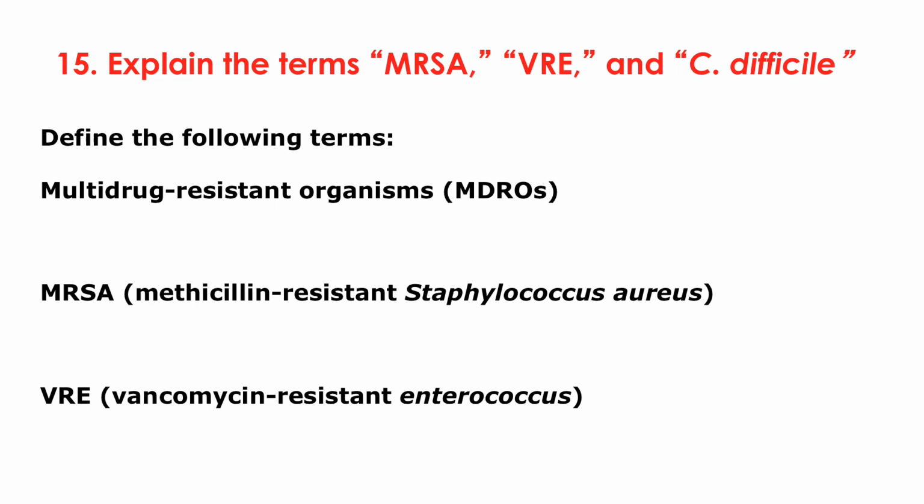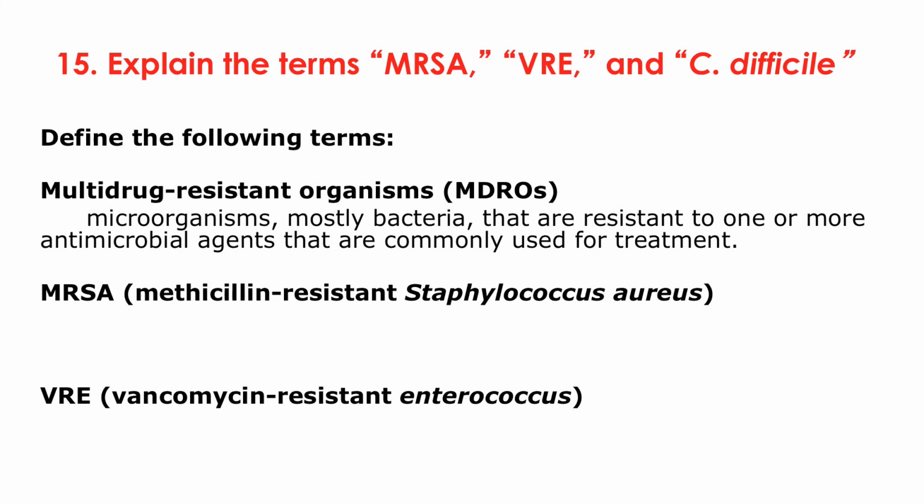So moving on, we have the multi-drug resistant organisms, methicillin-resistant Staphylococcus aureus, and VRE. VRE and MRSA fall under the category of MDROs. Multi-drug resistant organisms are microorganisms, mostly bacteria, that are resistant to one or more antimicrobial agents commonly used for treatment.